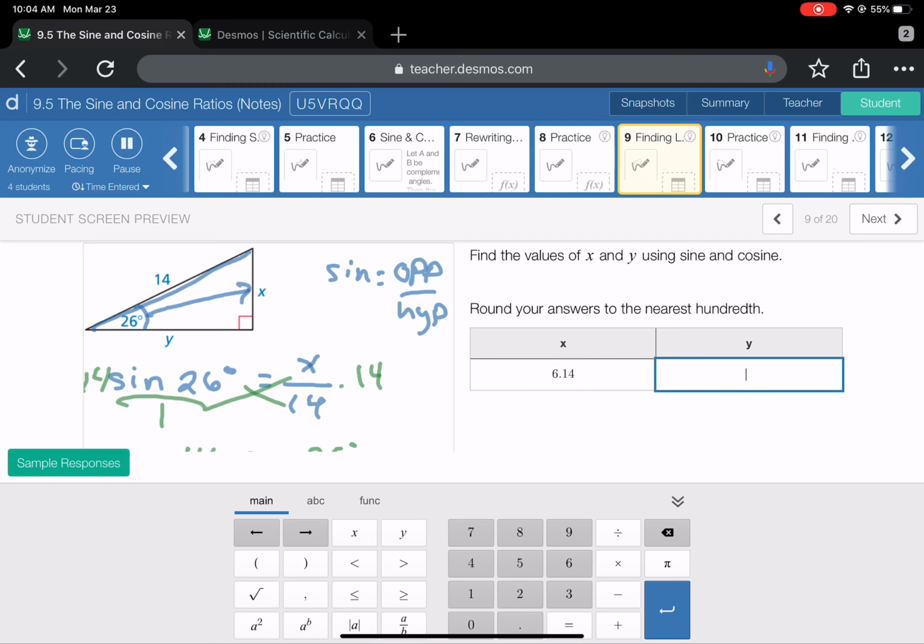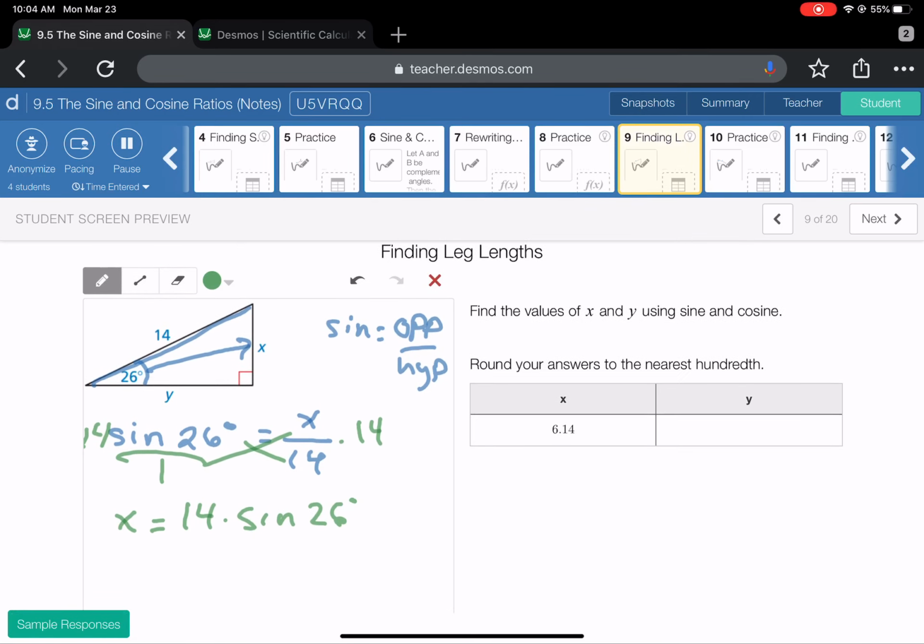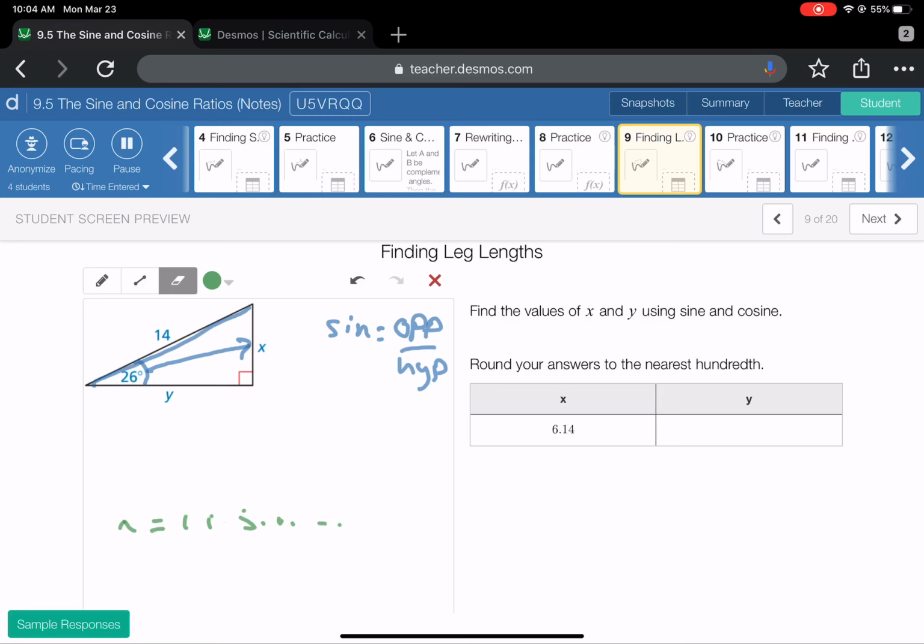All right, and then we're going to find the value of y. We're going to do the same thing with cosine in this case, because we want to find the side that is adjacent to 26.